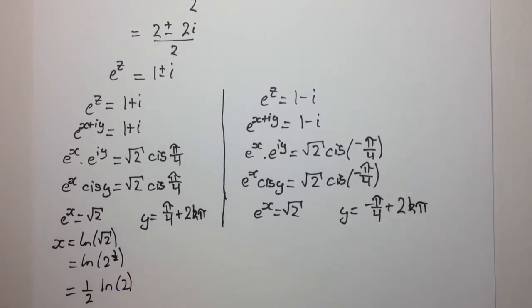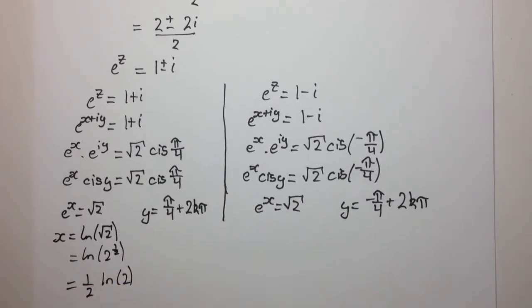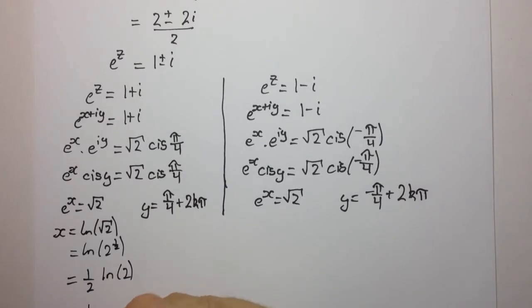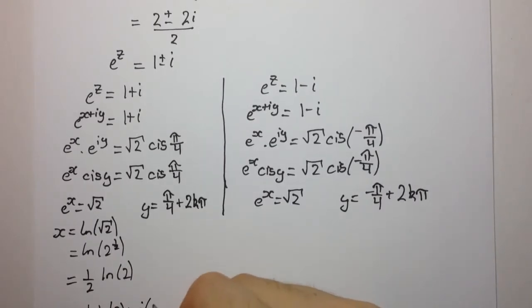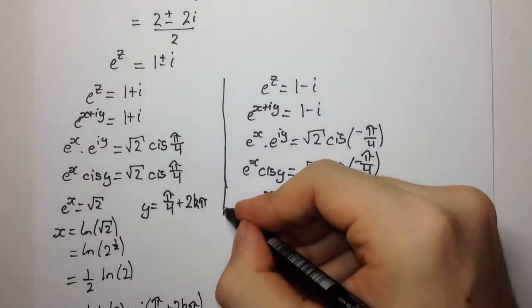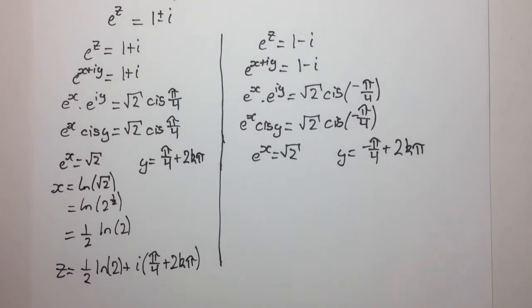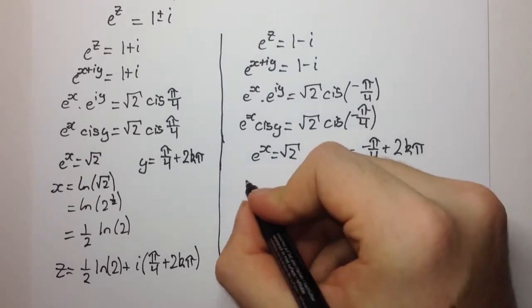And so our solution for z here, z is going to be a half ln 2 plus i times the y value, which is pi over 4 plus 2k pi. Okay, and here we can do a similar thing.